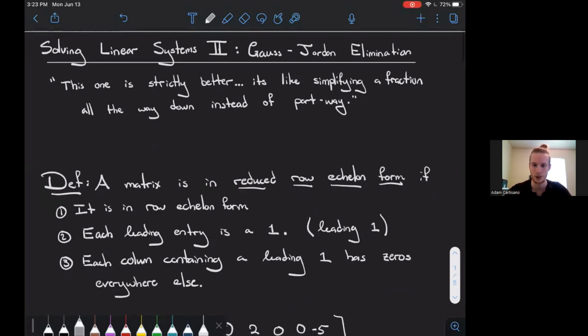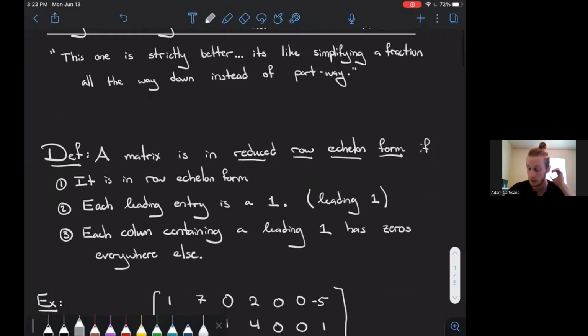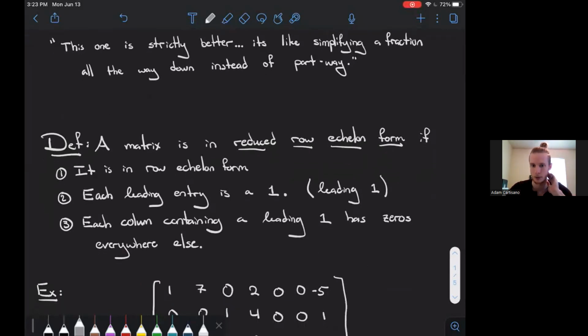So a matrix is in reduced row echelon form if, number one, it has to be in row echelon form, of course. Number two, remember row echelon form was the descending staircase, and it wasn't necessarily a perfect right triangle.